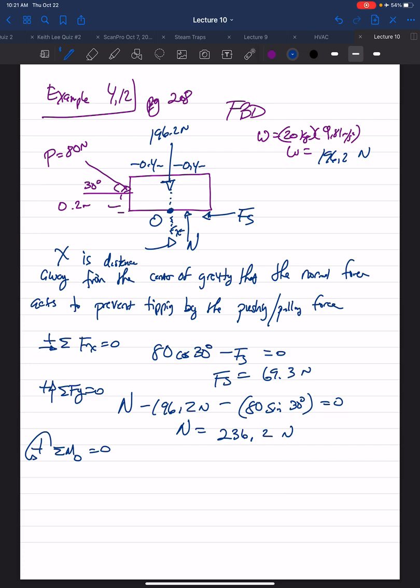The vertical component creates a counterclockwise rotation, positive.